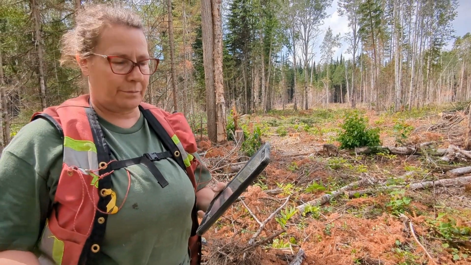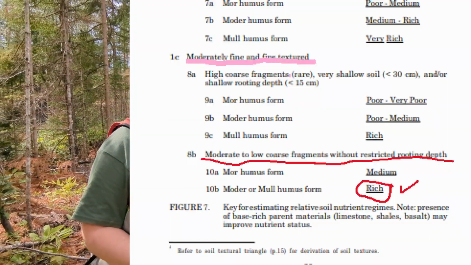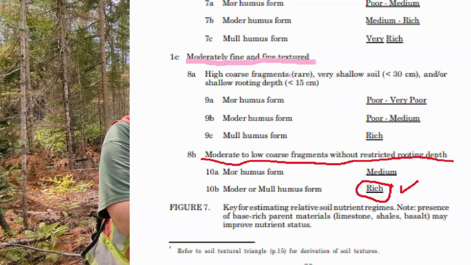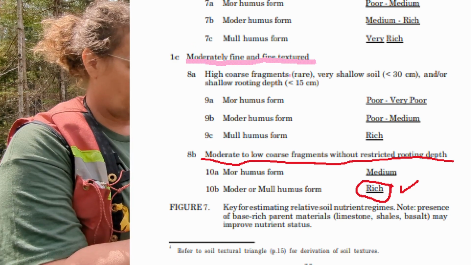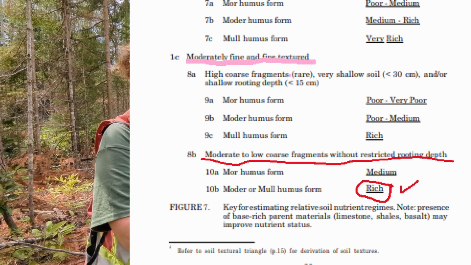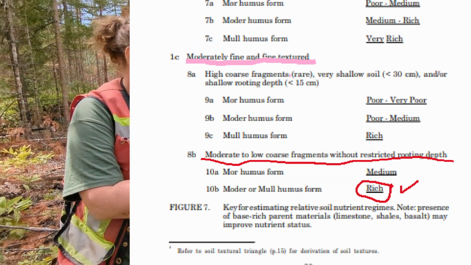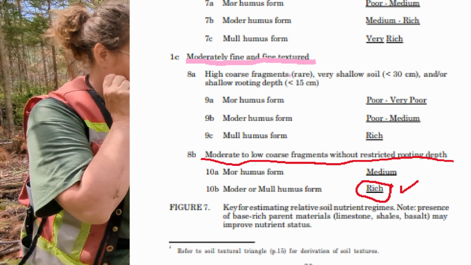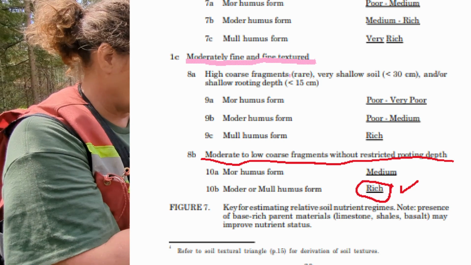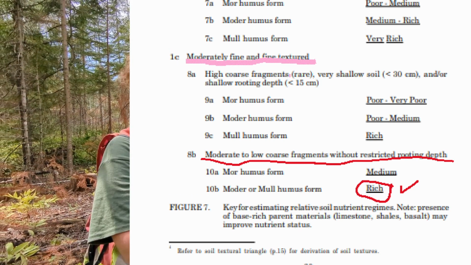So we're going to go with moderately fine to fine textured. High coarse fragments, very shallow soil, shallow rooting depth? No. Moderate to low coarse fragments without restricted root depth. That kind of sounds like us.